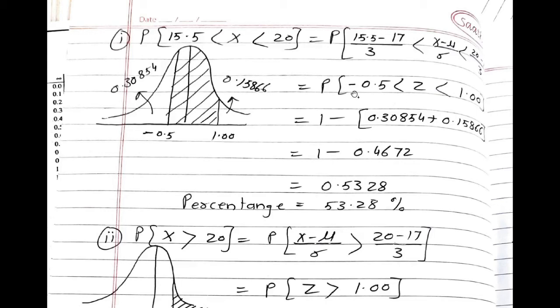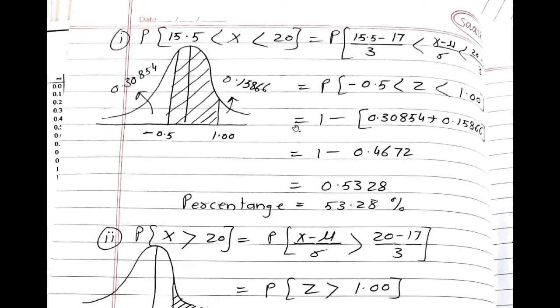So see the normal probability integral table. 0.5 in the 0 column, the value is 0.30854. And 1.0 in the 0 column, the value is 0.15866. But these two values we don't want, we want the middle part of the curve.